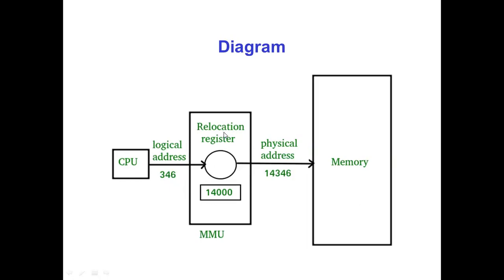Now this is the memory unit. Here we have the relocation register, a register to hold the data, to store the data temporarily, and this is the address for this particular register. Each and every register has its own address. So this is 14000, you can see here. This is the address of this register.